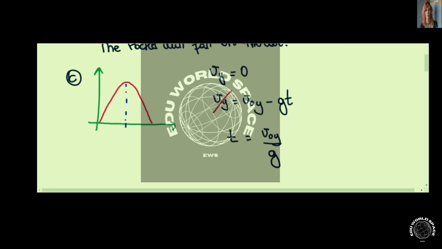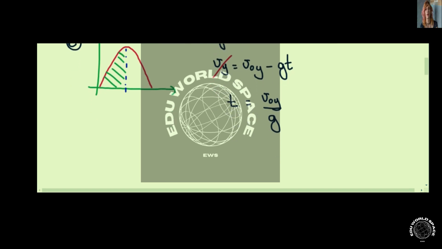Now notice that the time needed to complete the trajectory, by symmetry, is 2 times the time needed to reach the maximum height of the trajectory.